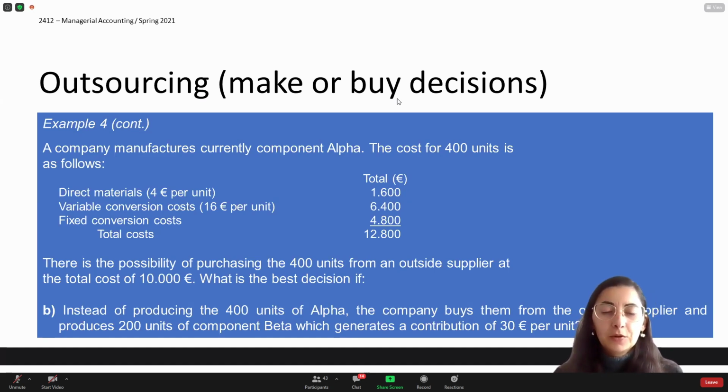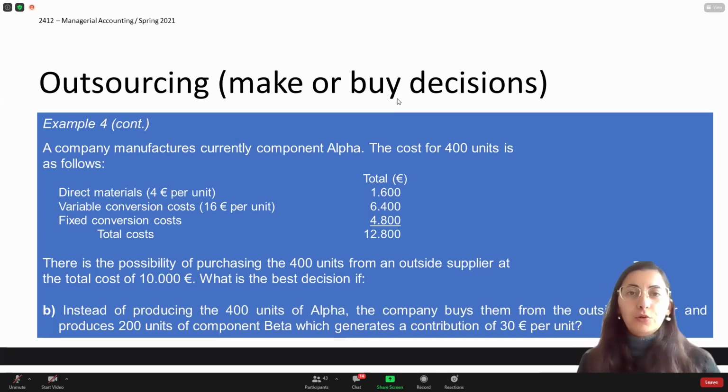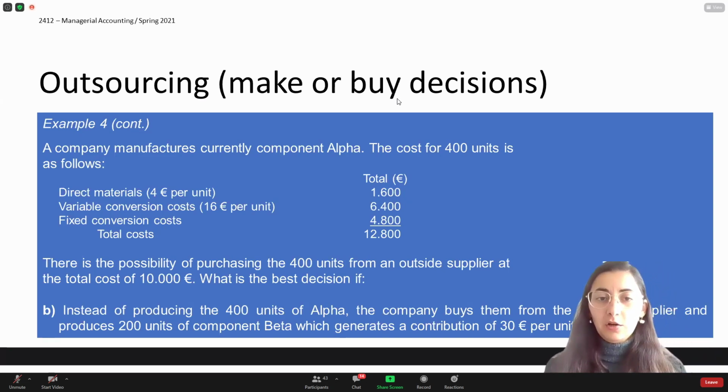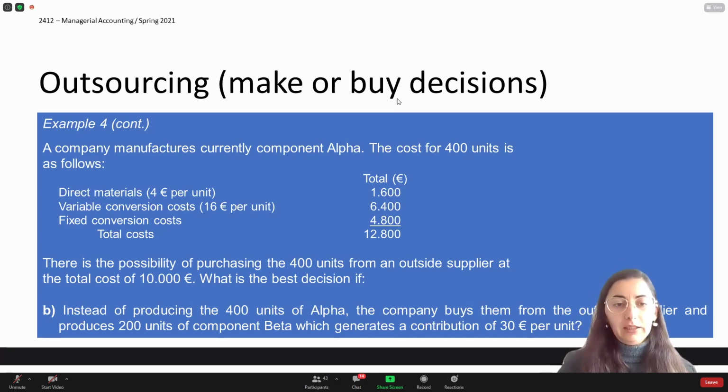Okay. So now what is the difference when we have this second option of producing beta is that to the cost that we have if we outsource, we will incur 10,000, and the fixed cost 4,800, but then we will have extra revenues or a contribution from beta valued at, as the colleague was saying, 30 times 200.